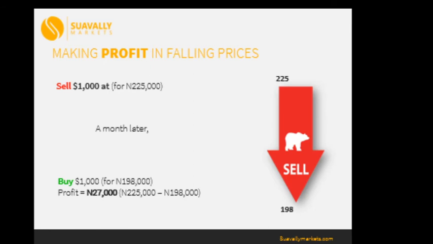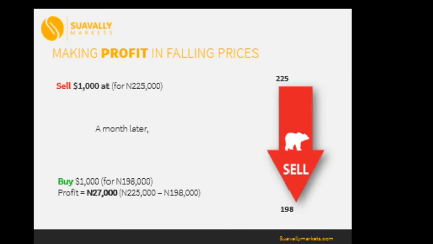Then you go back to the market. Now you had 225,000 naira. You go back to the market seeking to buy $1,000 in order to get your original $1,000 back. At the current exchange rate of 198, that's going to cost you 198,000 naira.